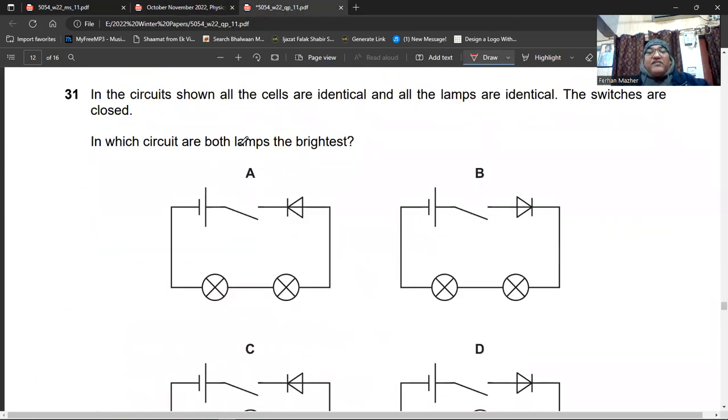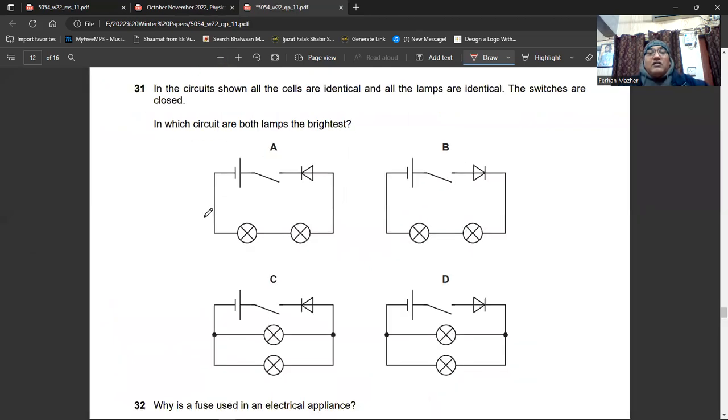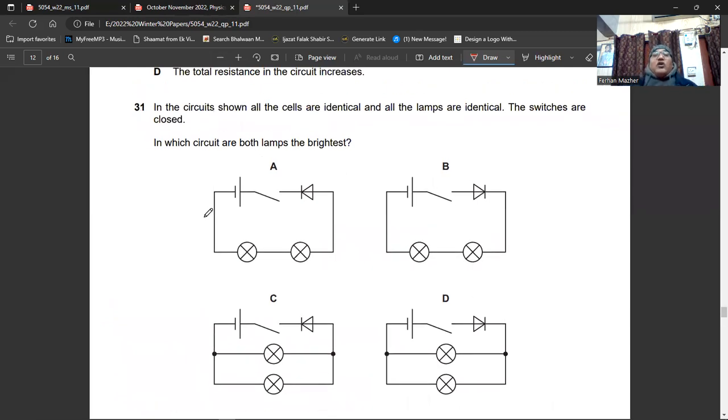Question number 31 we have. In the circuit shown, all the cells are identical and all the lamps are identical. The switches are closed. In which circuit are both lamps the brightest? The lamps are brightest when you connect them parallel to each other and parallel to the battery. In this case, they receive the same amount of voltage across them.